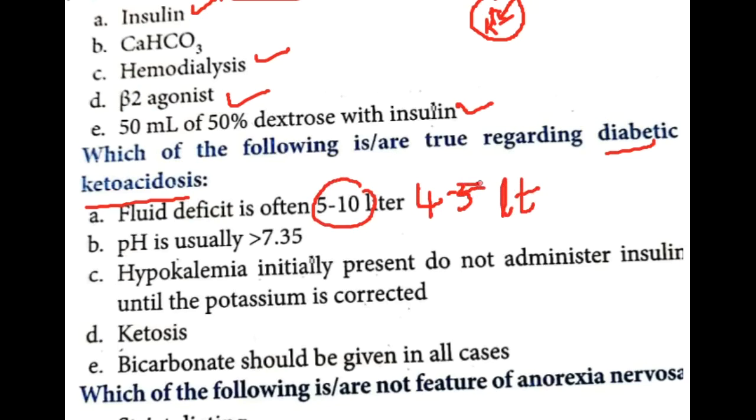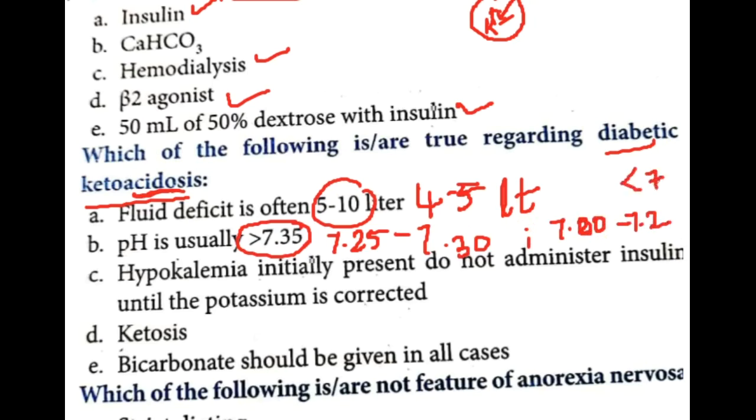The pH will be less than 7.30, between 7.25 and 7.30, or it can be even less than 7.2, or less than 7. Actually we classify diabetic ketoacidosis into these three types.